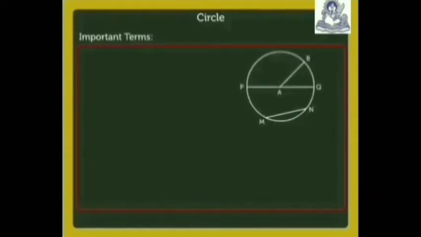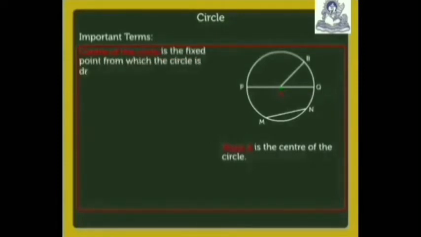Important terms of circle. Observe this figure. Point A is the center of the circle. Center of the circle is the fixed point from which the circle is drawn. Line segment AB is a radius of the circle.